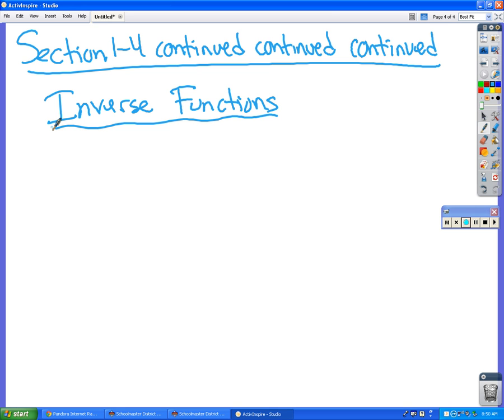The notation that we're going to use in this class is f with a little -1 there. And that does not mean to the -1 power. That means the inverse.